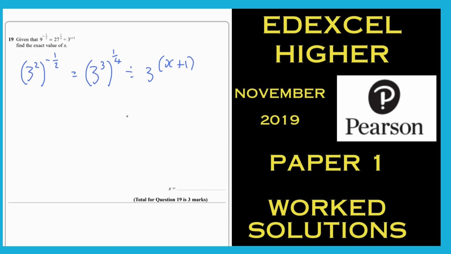So on the left-hand side, I've got 2 multiplied by -1/2. Here, I've got 3 times 1/4. And I'm dividing, which means I'm subtracting x plus 1.